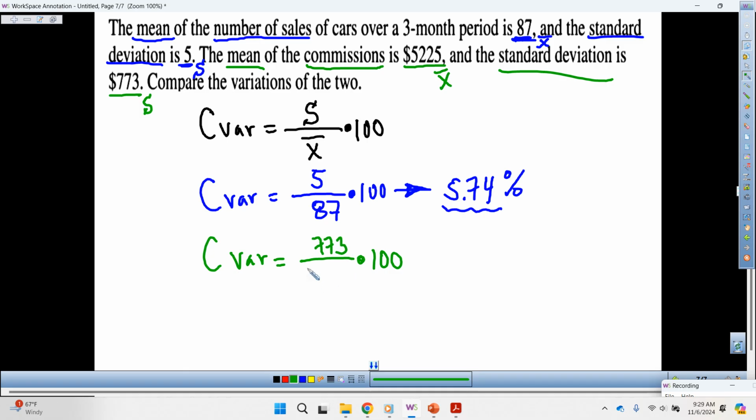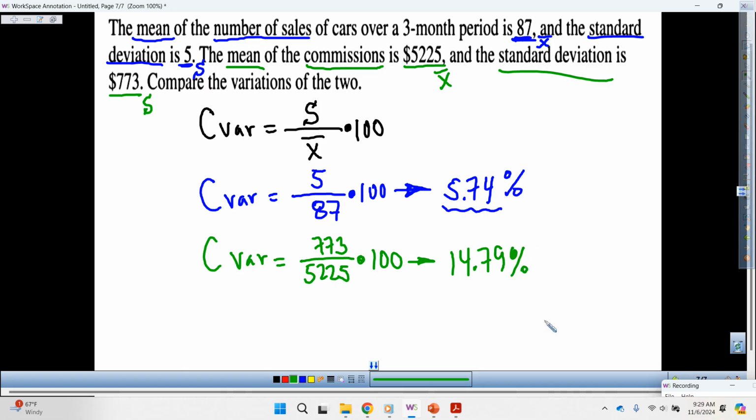Times 100. All right, AJ, calculate that. 773 divided by 5,225 times 100. Go. 14.79 percent. That is correct.